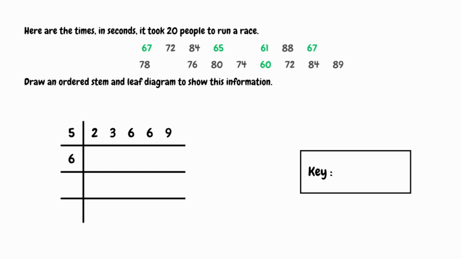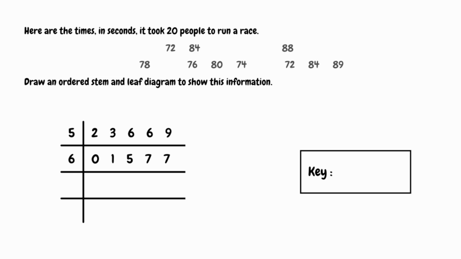And now for the leaf parts, we're going to put in the final digits that are in the units column, all in order. So we've got 0 for 60. We'd have then 1 for 61. We've then got 5 for 65. And then we've got 67 that appears twice. So I'd have 7, 7. And now that's all of our numbers in the 60s taken care of.